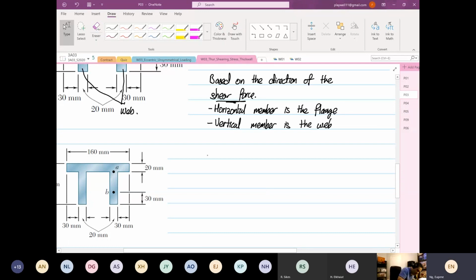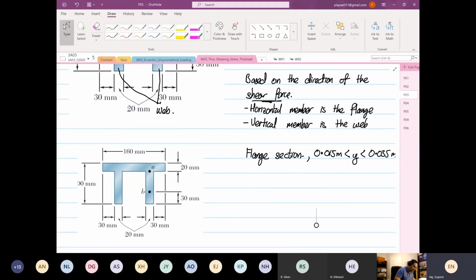Okay, so let's look at the flange section. The limits are from 0.015 meters for y, and it will go up to 0.035. Okay, so now why 0.015?